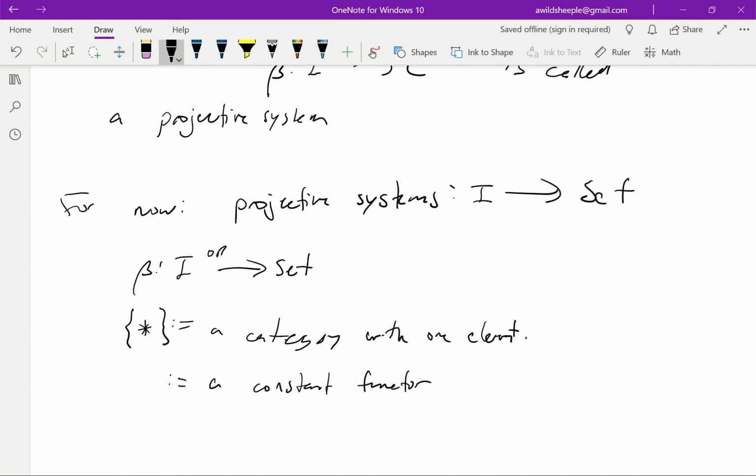Sometimes when absolutely necessary, I might use some extra parens to indicate when I want to think of star as eating an object. So when I want this to be a constant functor, then I might be really clear and use some parens. But I think this won't cause any confusion going forward. So with this in mind, what you should realize is that star, being a singleton in sets, turns the functor star into a terminal object.